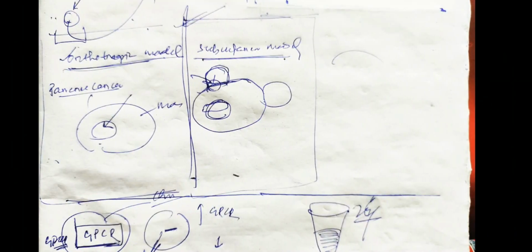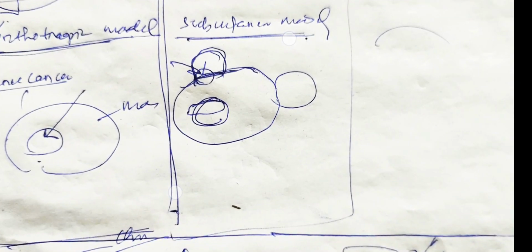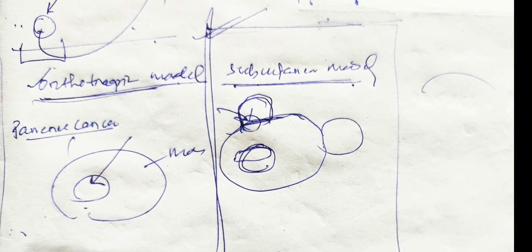Another thing is the orthotopic model and the subcutaneous model, which are modes of introduction: the way we can introduce our tumor or cancer cell line into a tissue sample or in vivo condition.